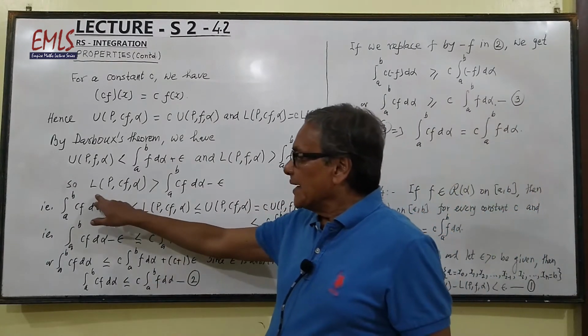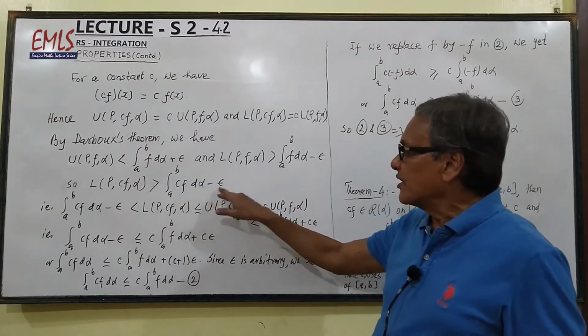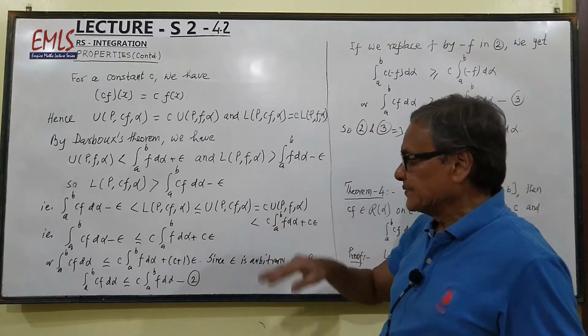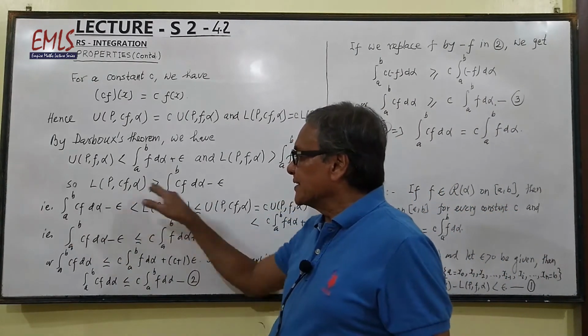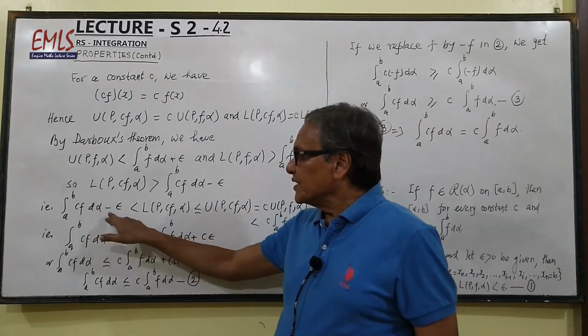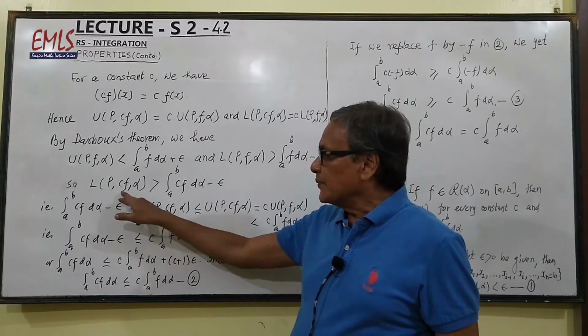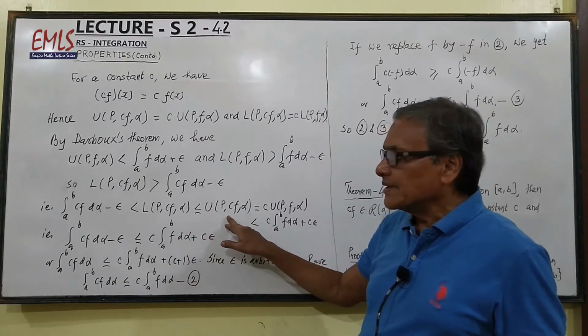So L(P, cf, alpha) will be greater than the integral from a to b of cf d alpha minus epsilon on this footing. This is greater than this, so this is smaller than this. So the integral from a to b of cf d alpha minus epsilon is less than L(P, cf, alpha), and the lower sum will be less than the upper sum.